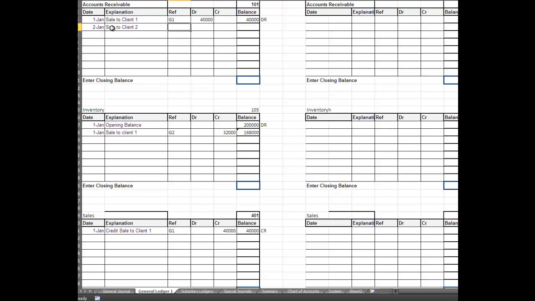2, this will be G3, and it's $10,000. It will be 50,000, sorry, which is 40,000 plus 10. Now we need to go down to the other part of that, and we see sales to January, and that will be credit sale to client 2.